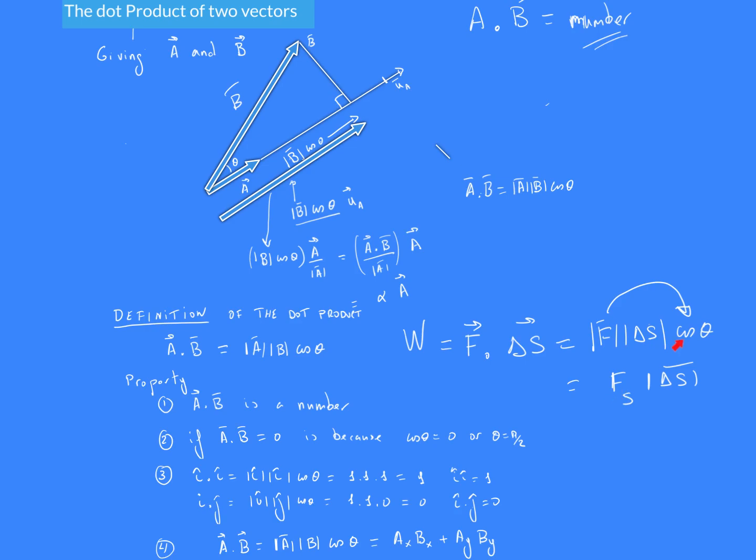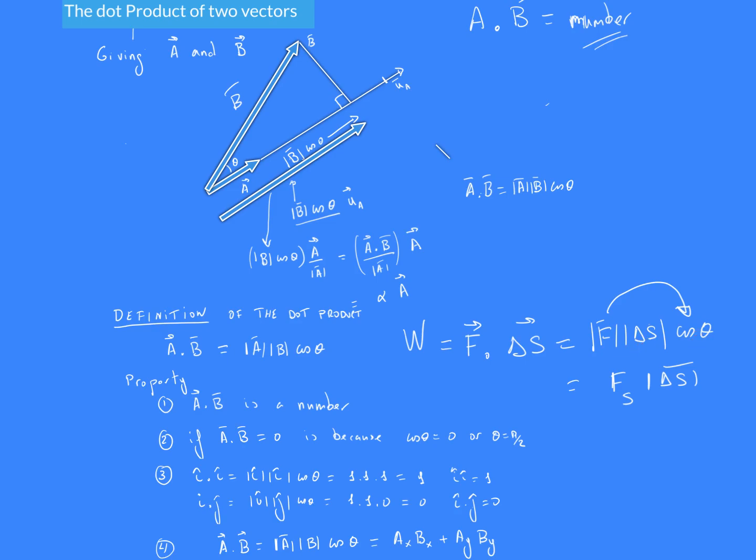While if theta is between pi divided by 2, 90 degrees, and 180 degrees, cosine of theta will be negative, so this is positive, and this is negative.